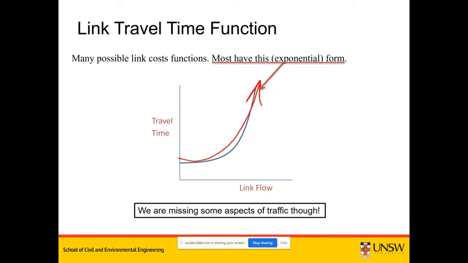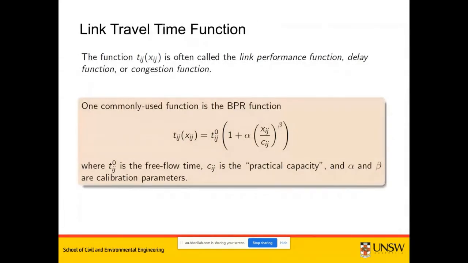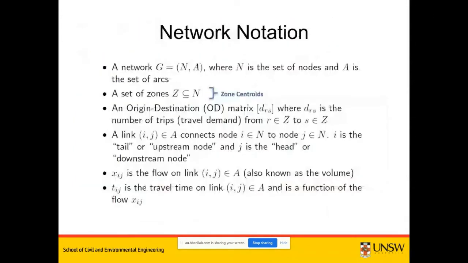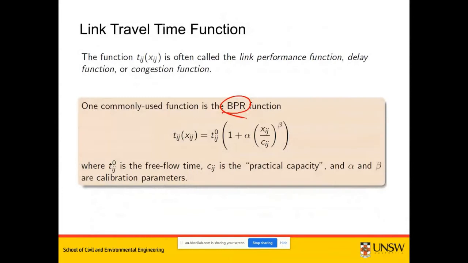They're monotonically increasing, and they usually have an exponential term. This is the BPR function we use. We talked about this. If I want to put some notations here, I think I have it in this slide, so I don't have to put it here.